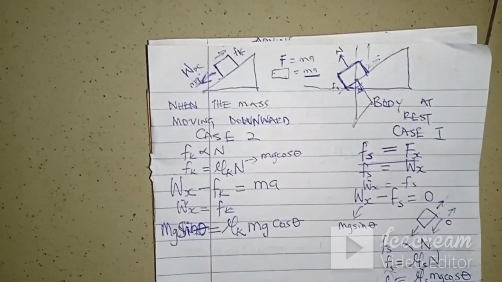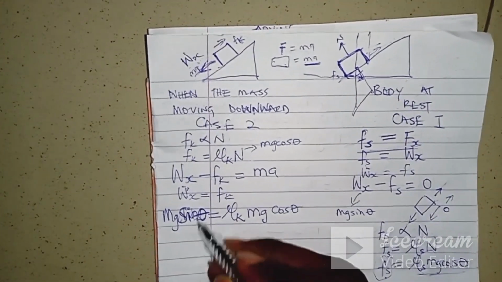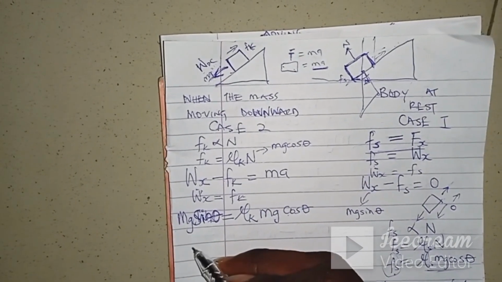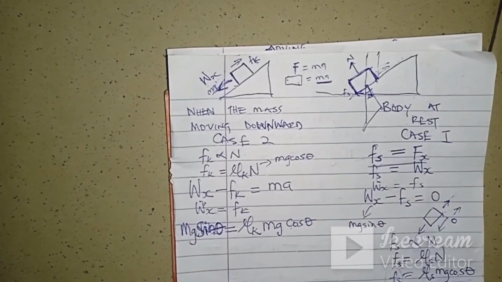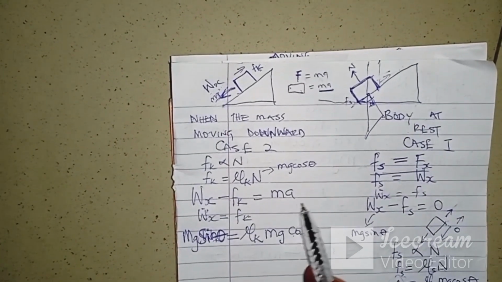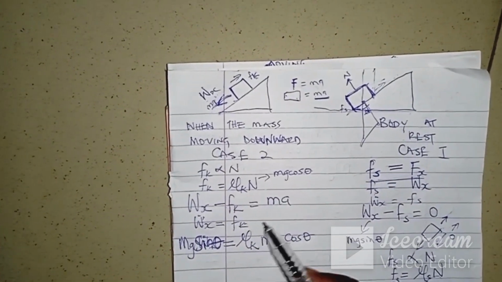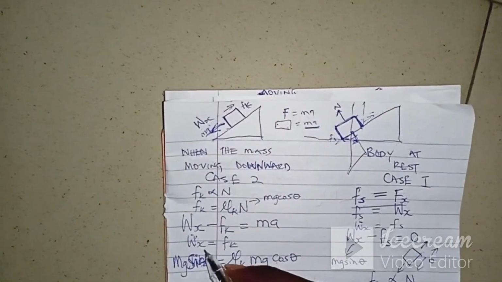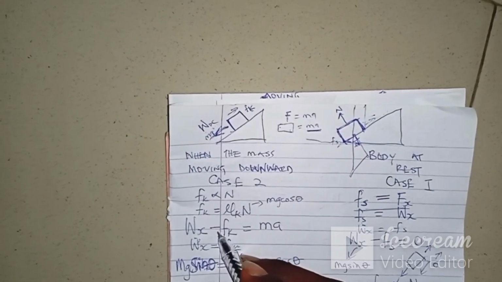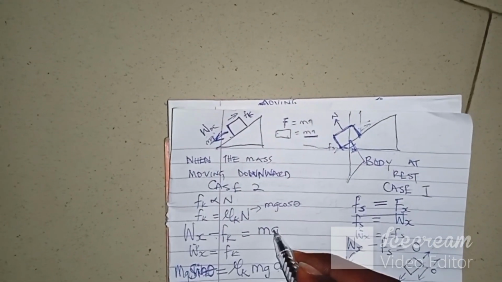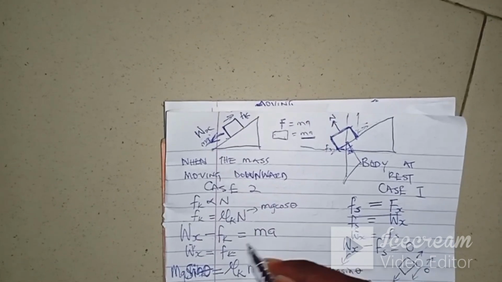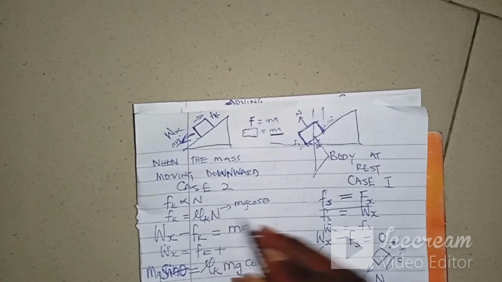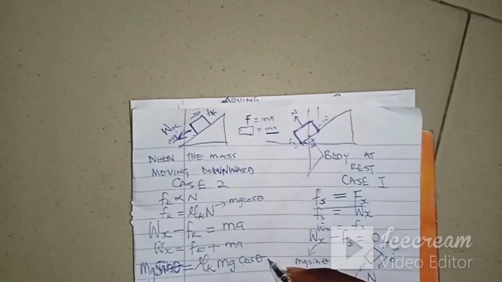You see it's mg sine theta for this one. But let's not forget something: Wx minus Fk is equal to ma, so when Fk crosses over, it becomes plus ma.